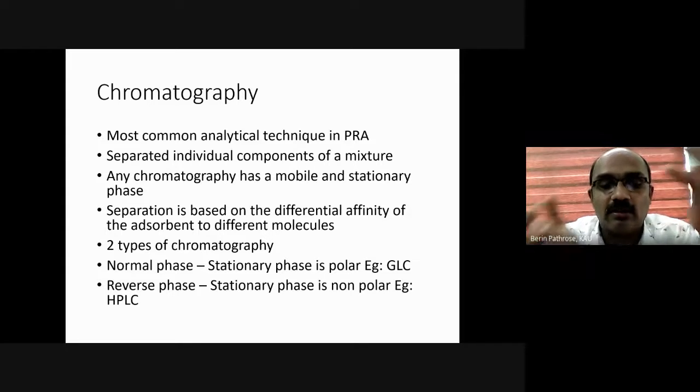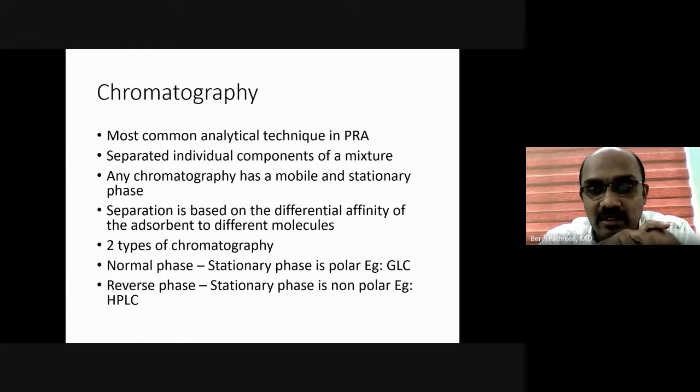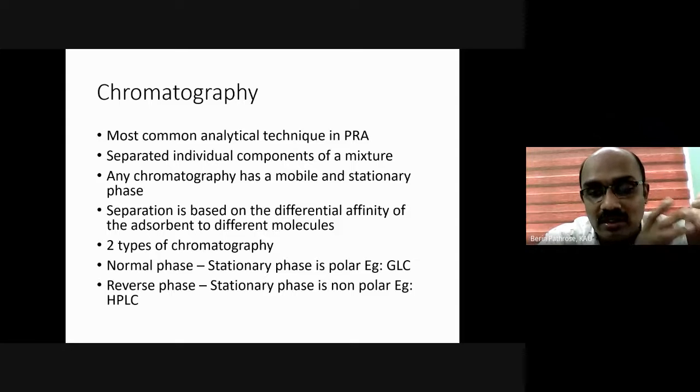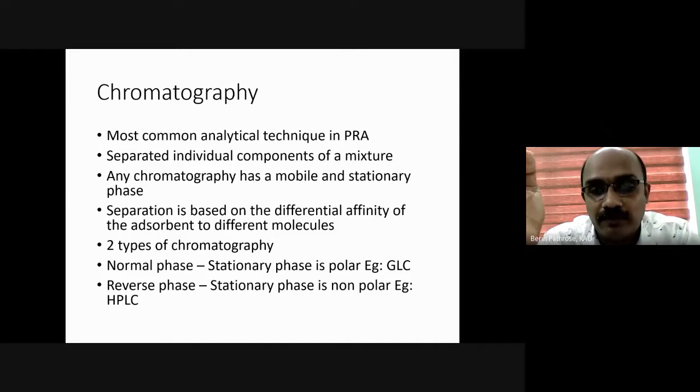The various colors were mixed to have a black color, and we separated out using a solid phase extraction cartridge, and we separated it into the constituent colors such as red, blue, and yellow, I think. So that is nothing but chromatography.